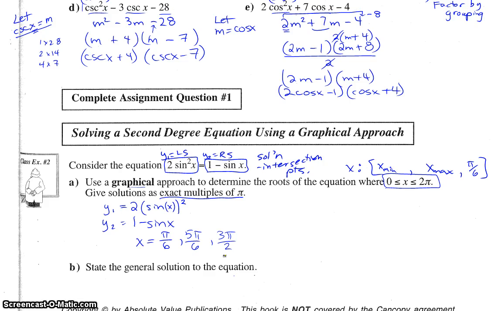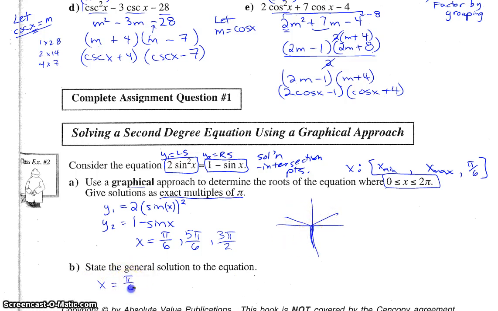If you think back to the last lesson regarding general solution, sometimes it's easier to look at this: pi over 6 here, 5 pi over 6 there, 3 pi over 2 here. I don't think these are all the same distance apart, maybe they will be.